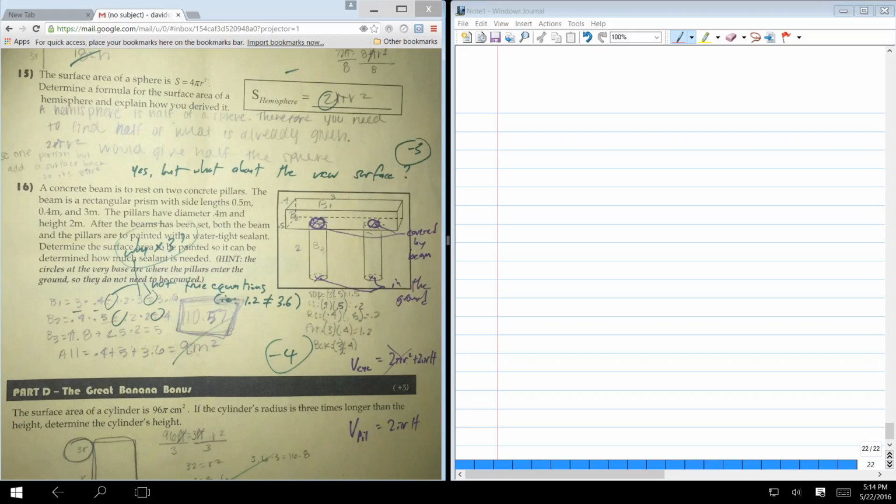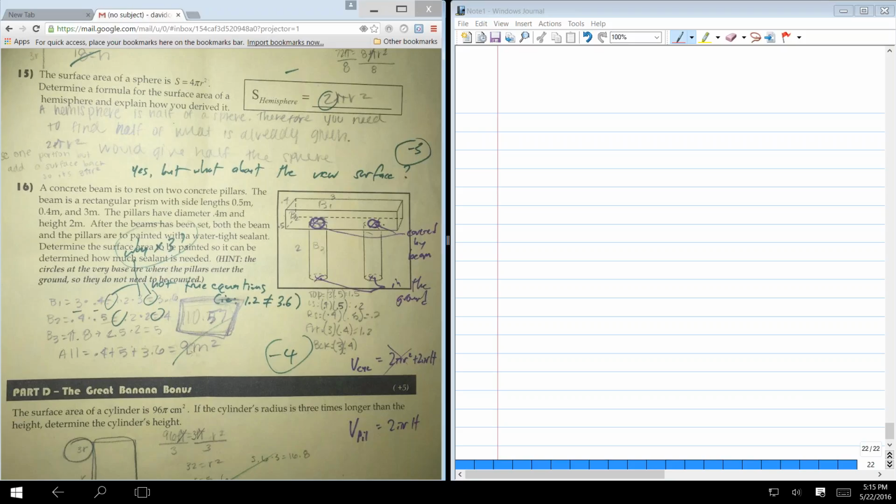All right, let's see here. Let me read this paragraph. Okay, if you're going to paint something, you have to know what its surface area is, right?